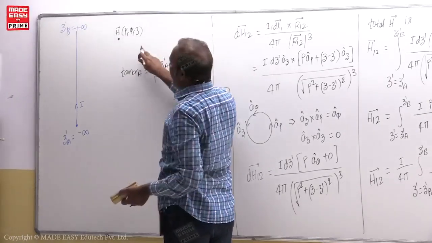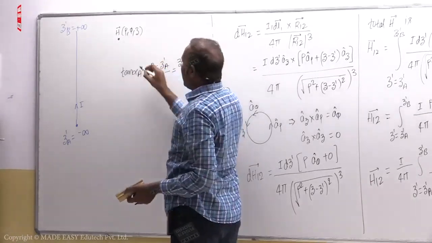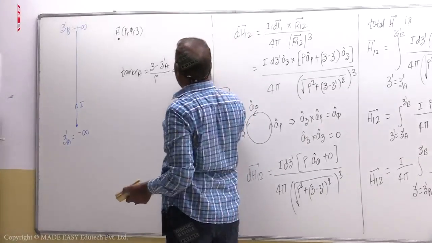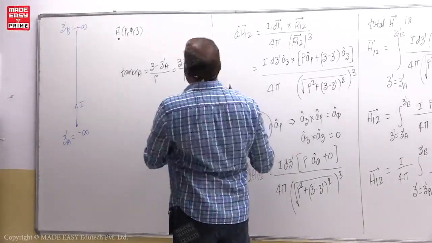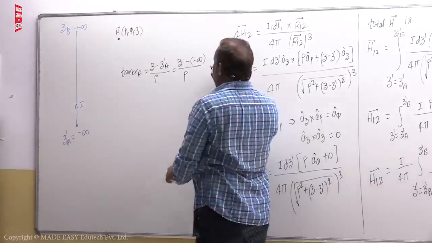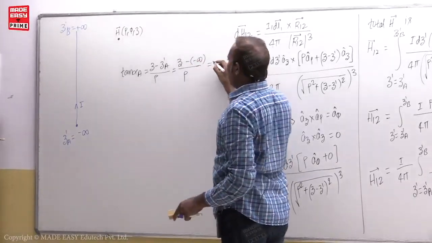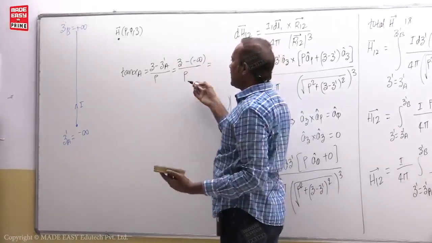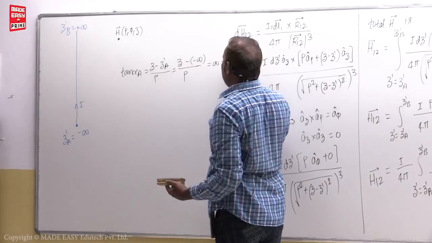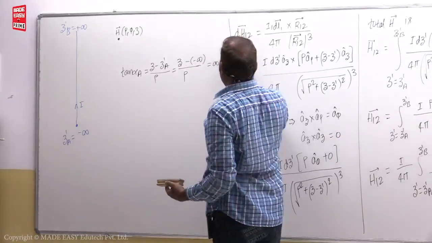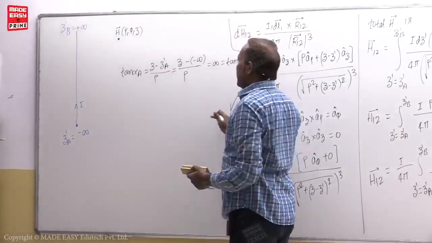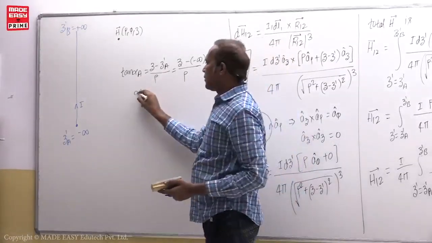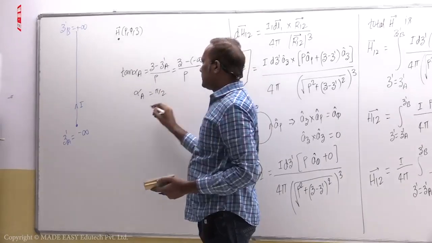In the field point, the height is z and the field point radius is rho. Z dash A is minus infinity now, so I get plus infinity plus z, which is infinity. Infinity divided by rho is infinity only, which is nothing but tan pi by 2. So students, here tan alpha A is equal to tan pi by 2, so alpha A is equal to pi by 2.